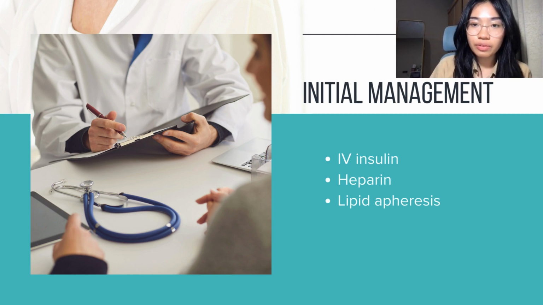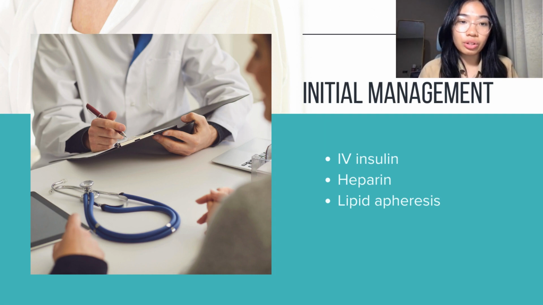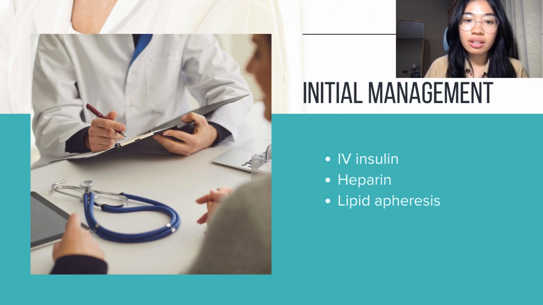Nevertheless, evidence for using insulin and heparin to lower the triglyceride level is mostly limited. IV insulin therapy is a worthwhile treatment, moreover when combined with fasting. Lipid apheresis has been shown to reduce triglyceride level by 50 to 80%. Despite that, it doesn't seem to bring clinical benefits.